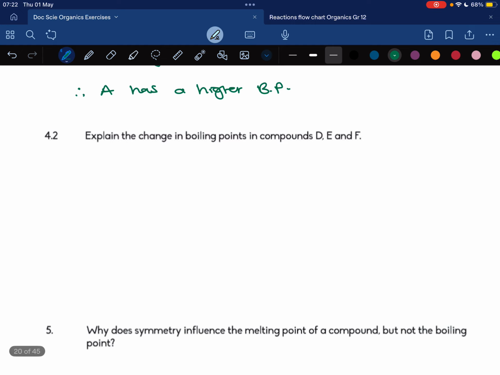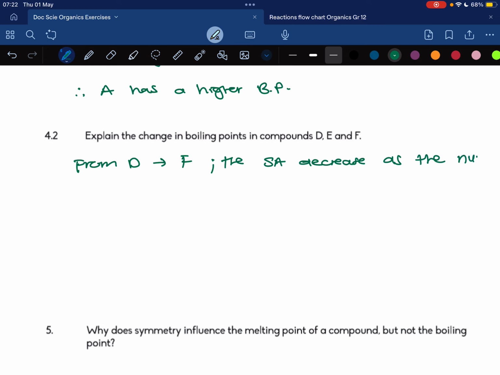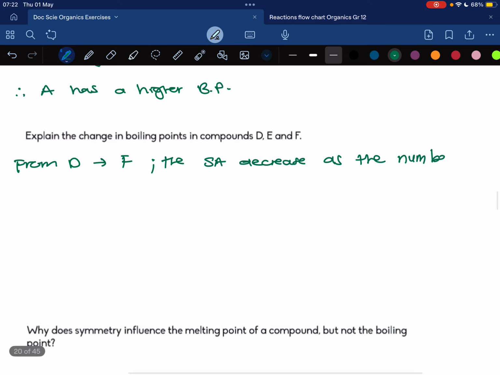So from D to F the surface area decreases as the number of side chains increases.